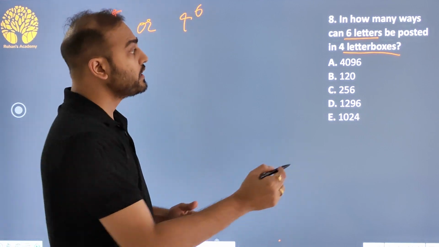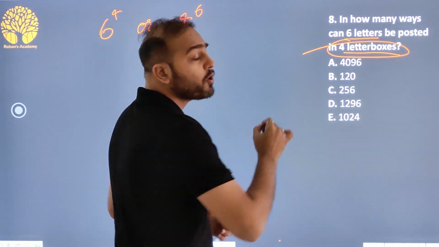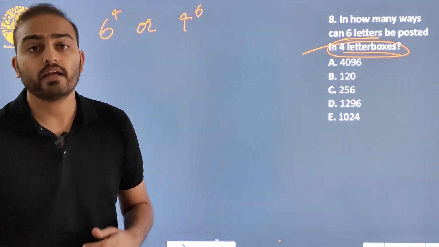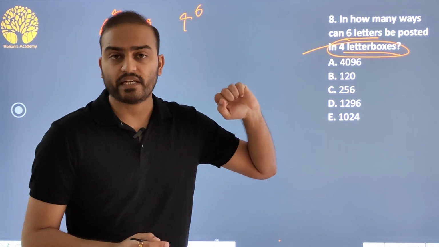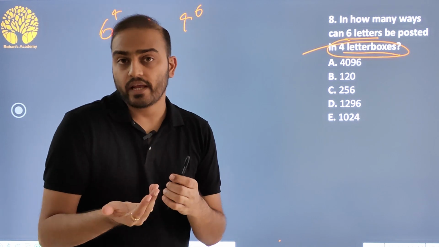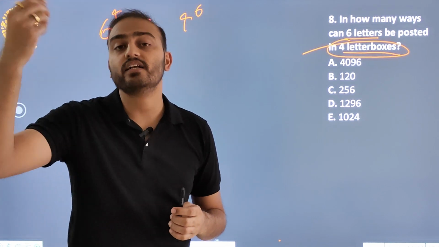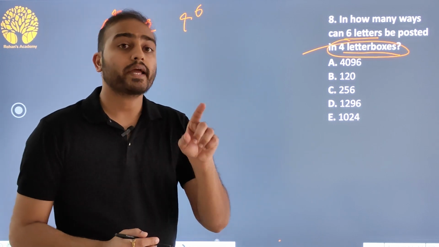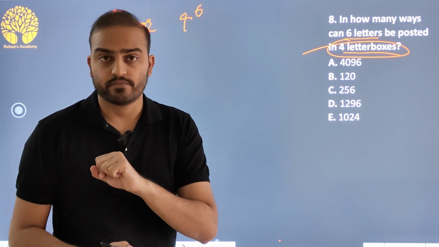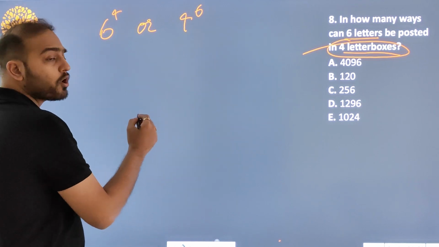Again, think. It's the letter box that can repeat. It's the same ring and finger question. Letter box A can have 2 letters, 3 letters, 4 letters, or all 6 letters. But the same letter cannot be given to 2 letter boxes. So it's the letter box that repeats.